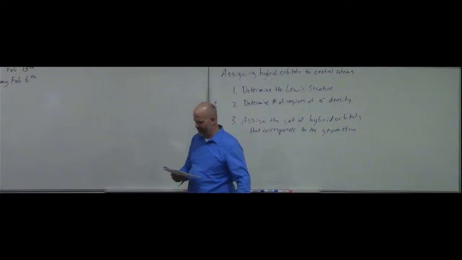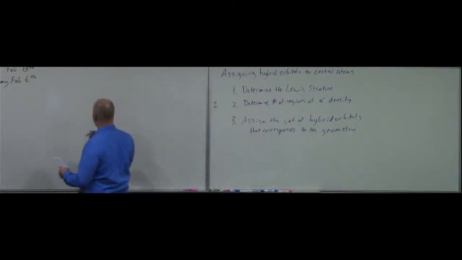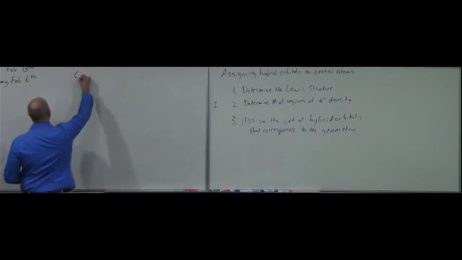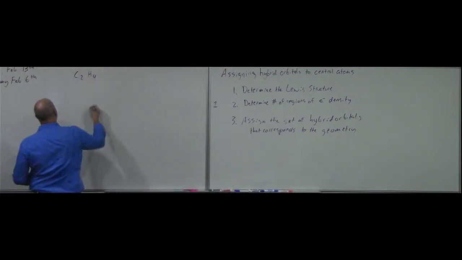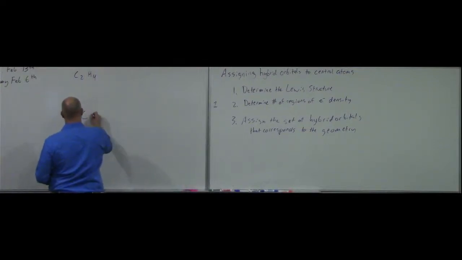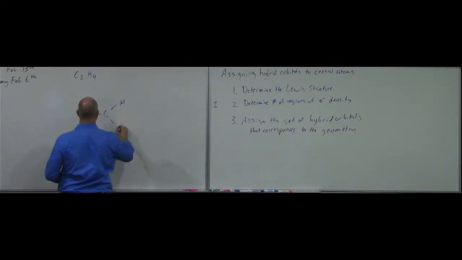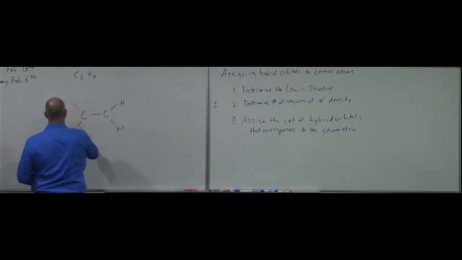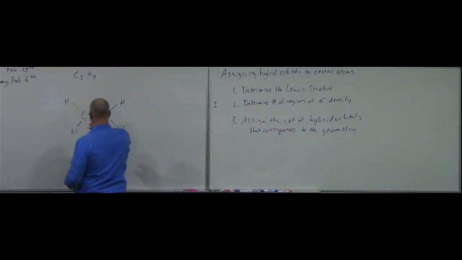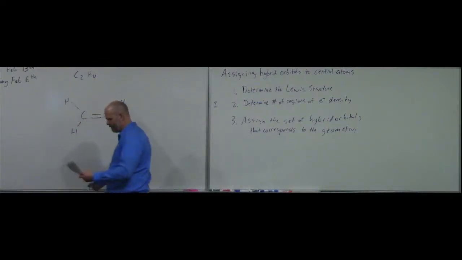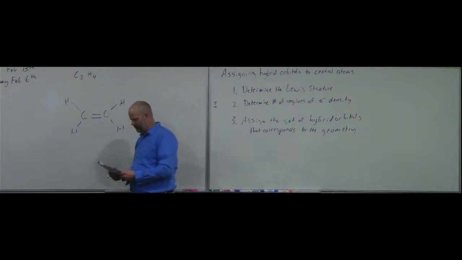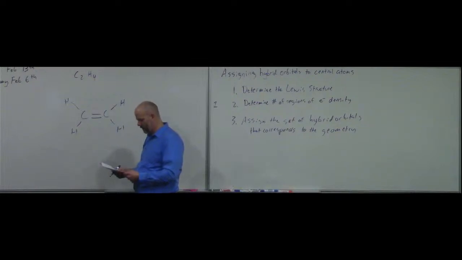Lewis structure for ethene, C2H4. Start with this, right? Each one of these is going to get 2. To satisfy the octet rule, I need a double bond right there. Each carbon atom is surrounded by 1 other carbon atom and 2 hydrogen atoms.